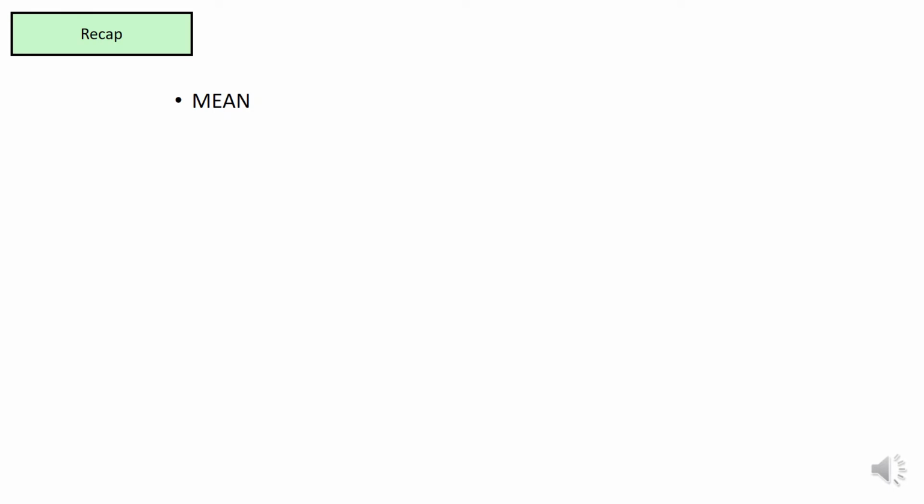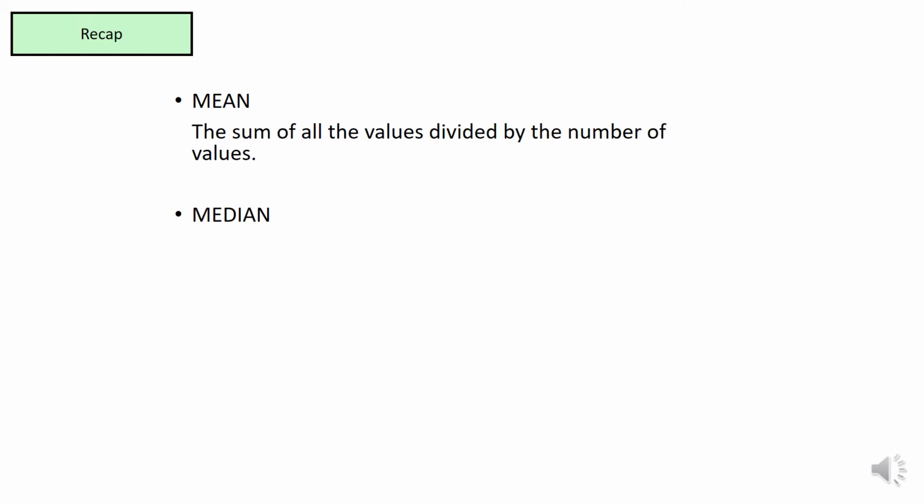Before we start, we need to recap about mean, mode, median, and range. If you remember, mean was about adding all your data together and dividing by how many pieces of data you have.